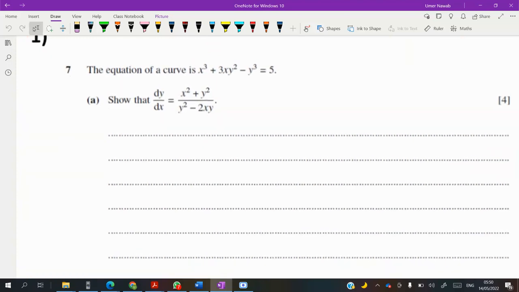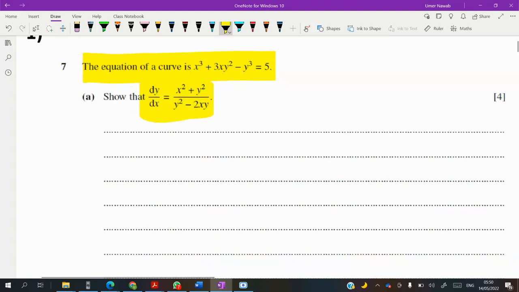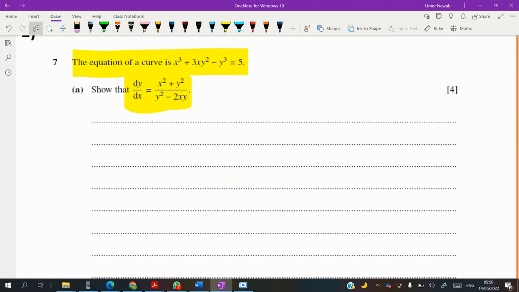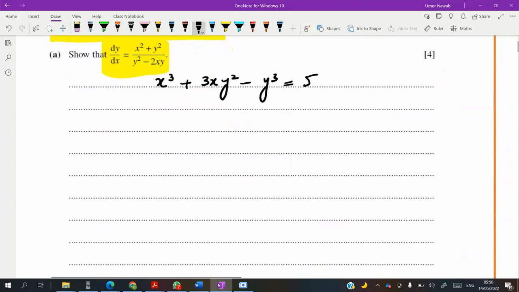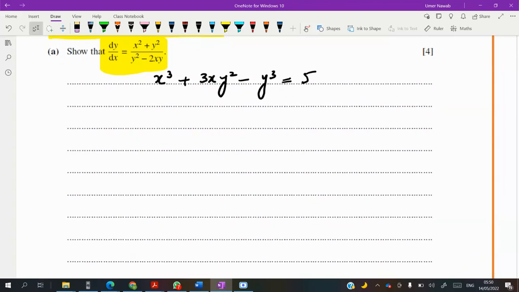You see, guys, he gave you the equation of a curve, and he said you need to find dy by dx. This is an implicit equation: x cubed plus 3xy squared minus y cubed is equal to 5, and we want to differentiate it.